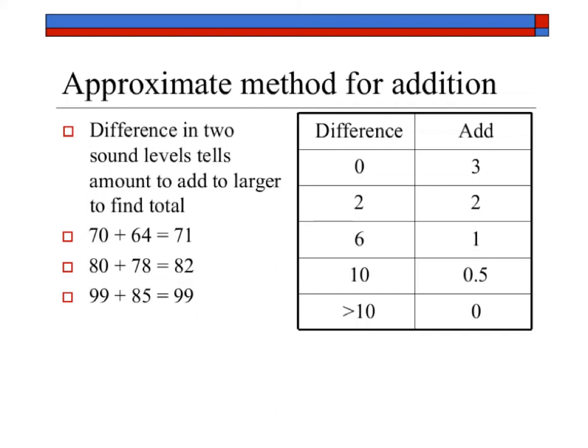Now, these are approximate methods. They're not precise, but they're really pretty good. It works quite well and allows you to do a faster method of adding decibel levels than is possible even using a calculator, but you have to keep in mind that it is a little bit more of an approximation.